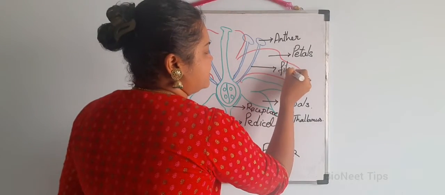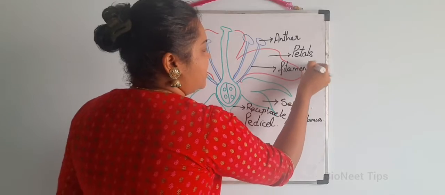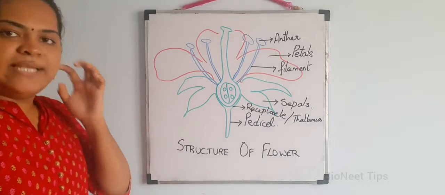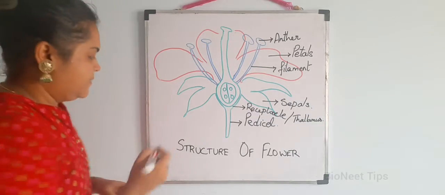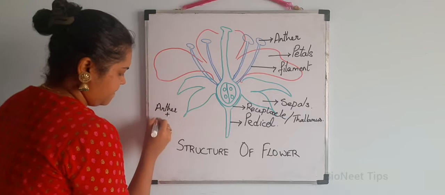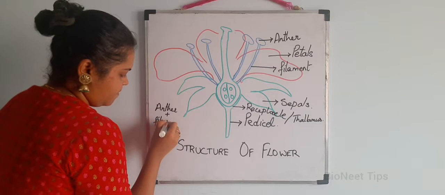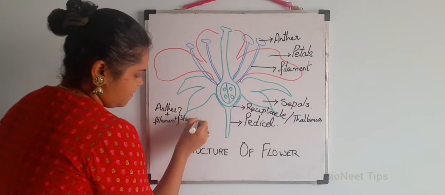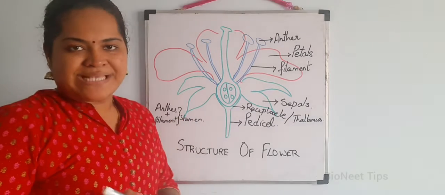This anther and filament together we call the stamen.